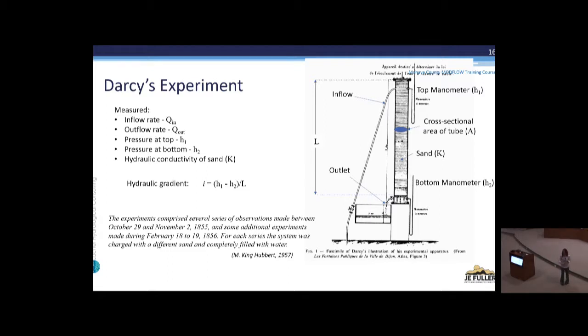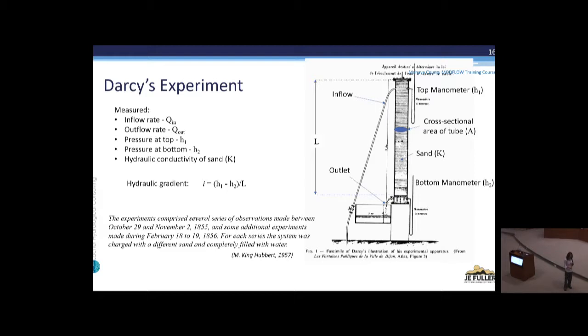Okay, so let's step back to the mid-1800s. Darcy, I think, was some kind of water engineer in France. And M. King Hubbert, in 1957, took it upon himself to translate Darcy's grand experiment, from which all groundwater equations spring.